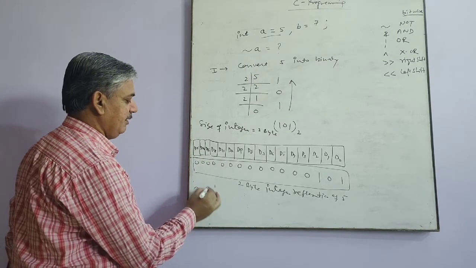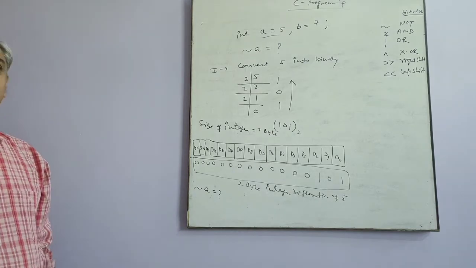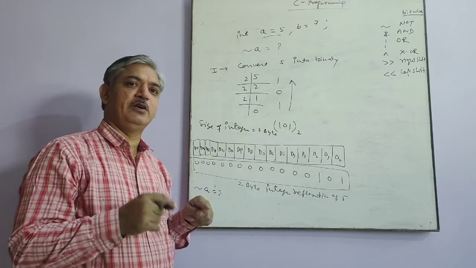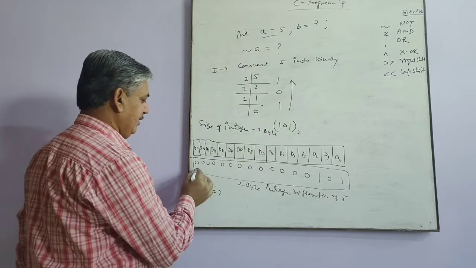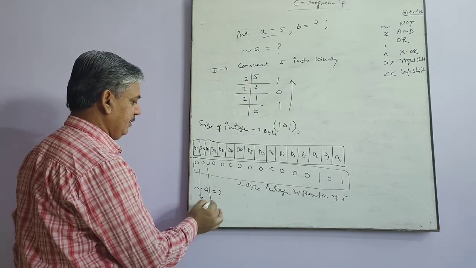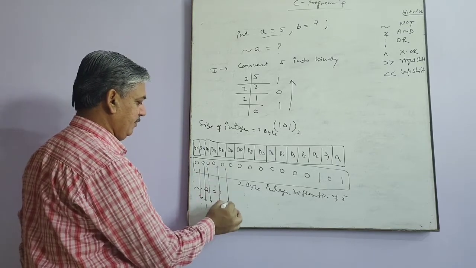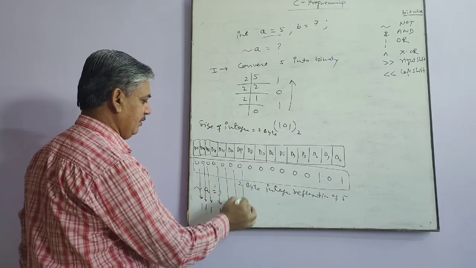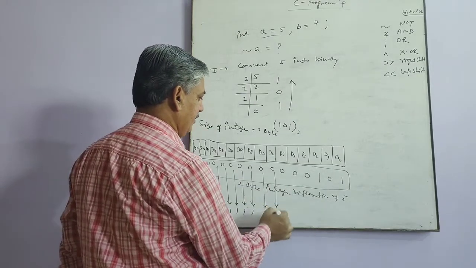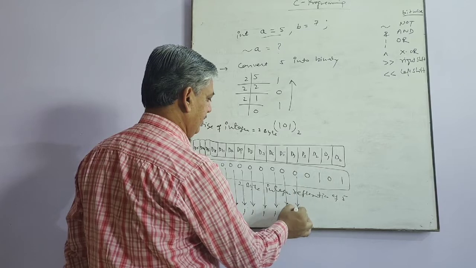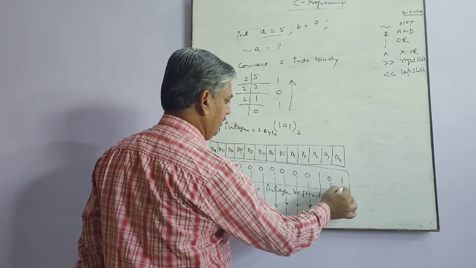Bitwise NOT of A. This one. Complement means individual bit of 0 converted into 1 and 1 converted into 0. So what will we get? We will get this: 0 becomes 1, 1 1 1 1 1 1 1 1 1 1 1 0 1 0.